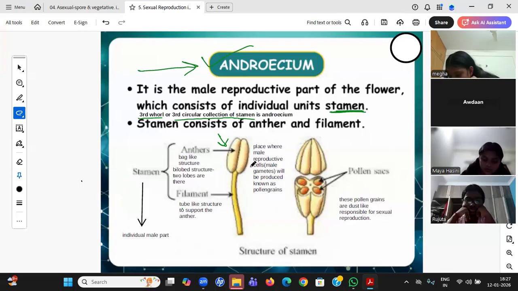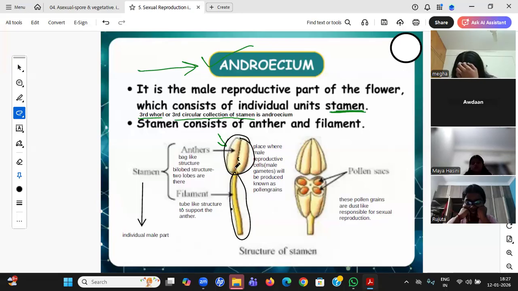When you break this part, first of all, the stamen has two parts: anther and filament. But sir, where are the sex cells? Where are the male reproductive cells in the flower? When you break this anther, inside we have some bags, pollen bags.